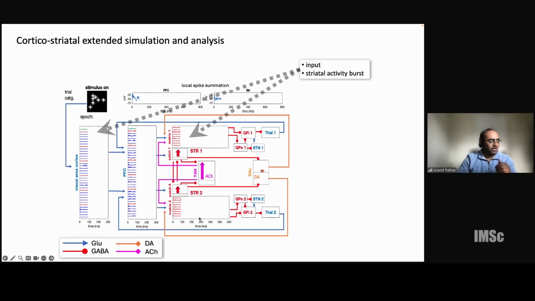Now, striatum 1 and striatum 2 are not two different regions within striatum. There are different populations of striatal neurons which are mapped onto the motor function. So this striatum, for example, controls the left saccade, and this controls the right saccade. So this mapping is very well timed.